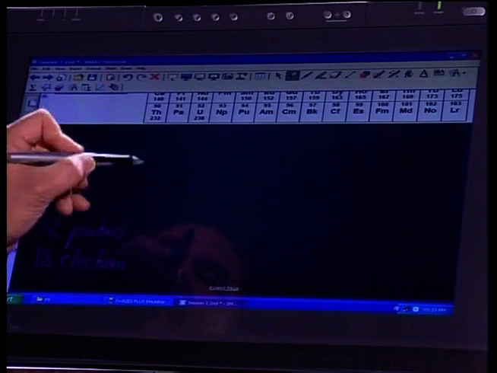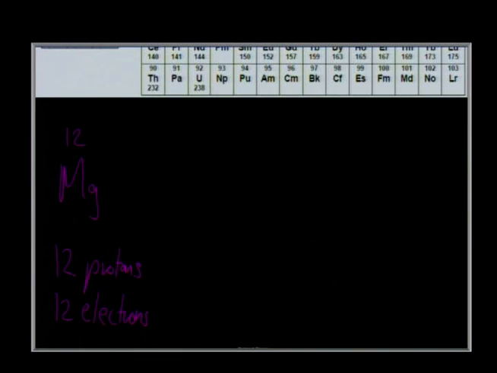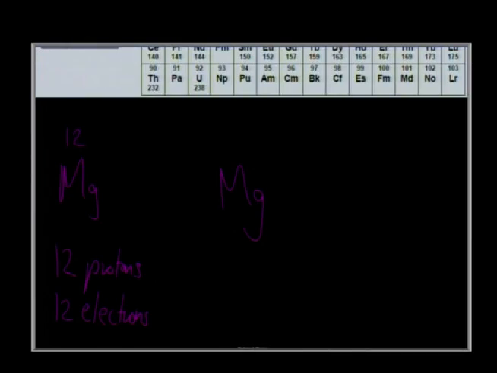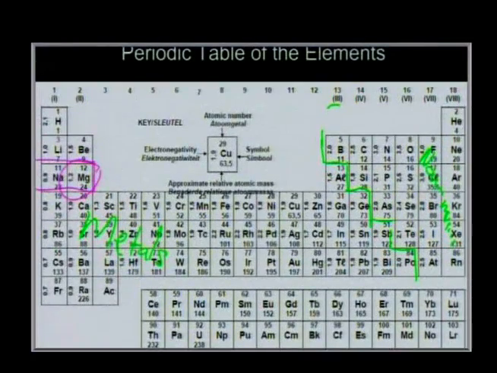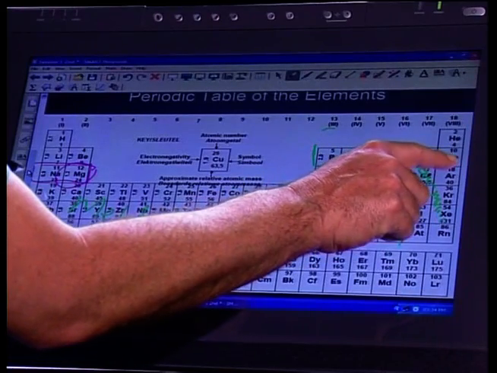Now, when we're dealing with valence electrons, one way to show the valence electrons is to draw the Lewis diagram. When we draw a Lewis diagram, the first thing we do is write down the symbol. And then we look at it and we say, okay, it's number 12. What's the closest noble gas? Well, the one before it was number 10.